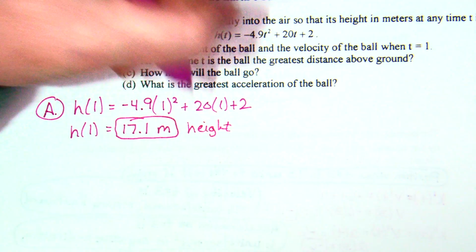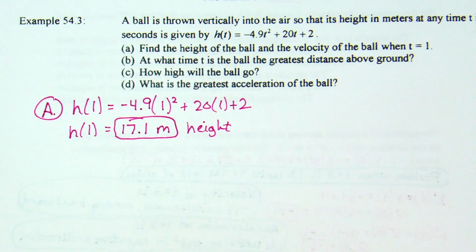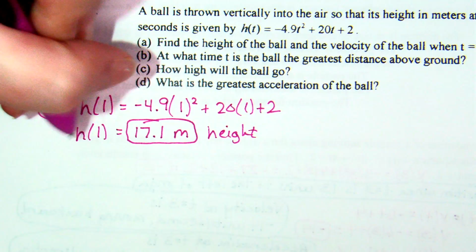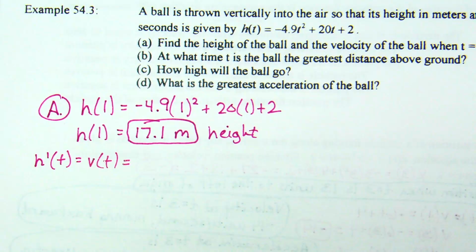What else does part A want? The velocity when time is 1. So you need to take the derivative. So h prime of t is going to be our velocity, which is negative 9.8 t plus 20.